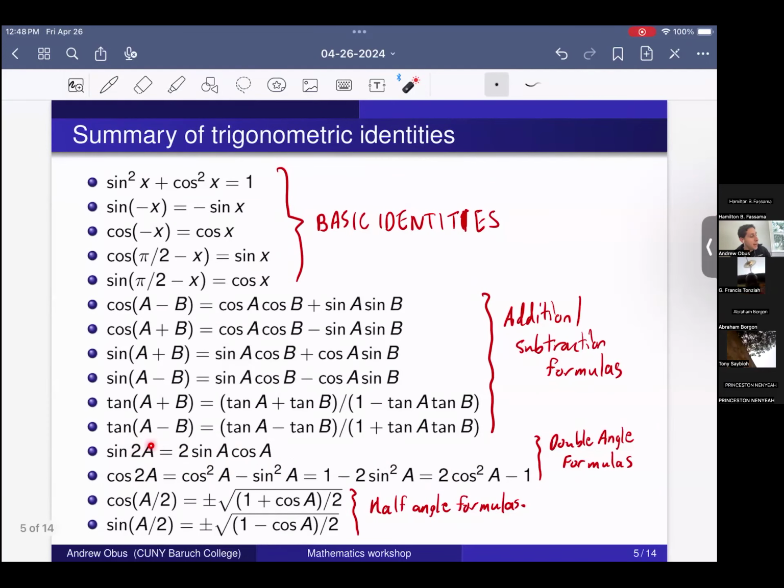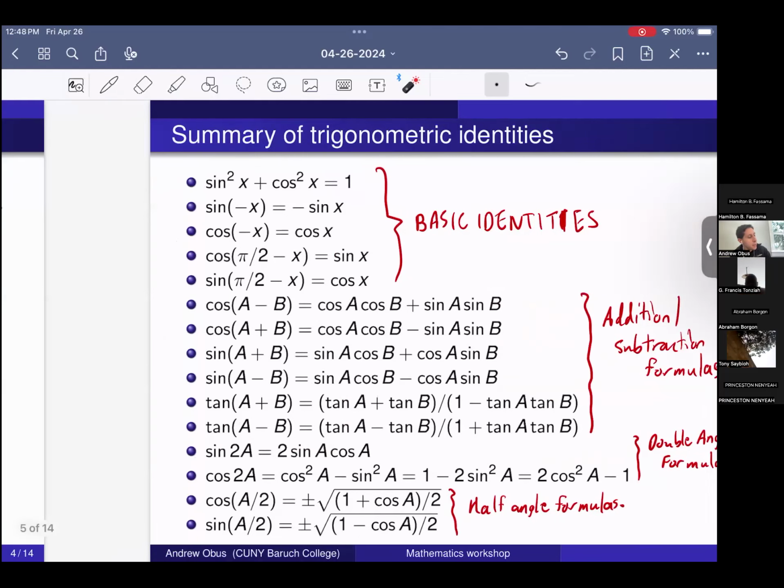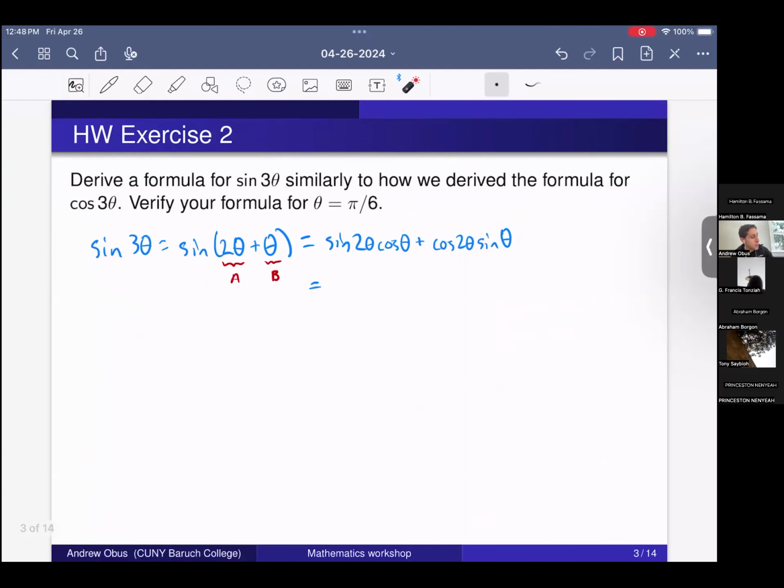So here, let's use sine 2a equals 2 sine a cosine a. So that's going to give us sine of 2 theta is going to be 2 sine theta cosine theta. That's going to be this whole thing, right? And then still another cosine theta, right? That's what's here in green.